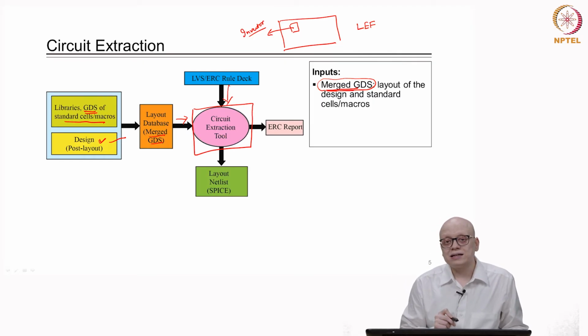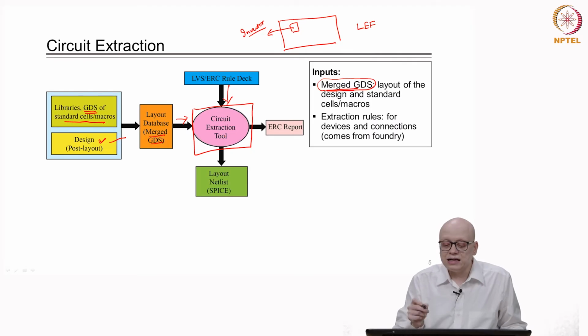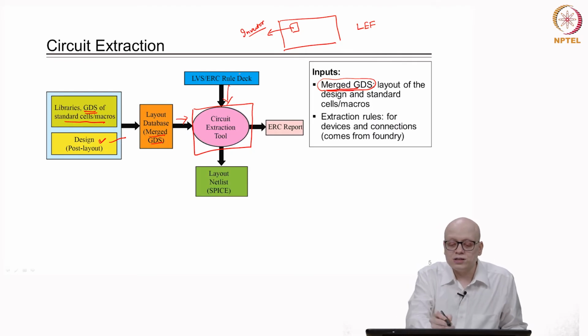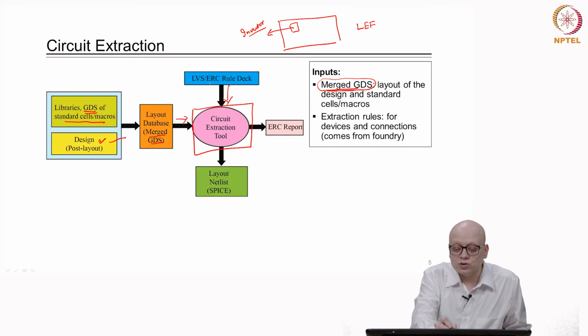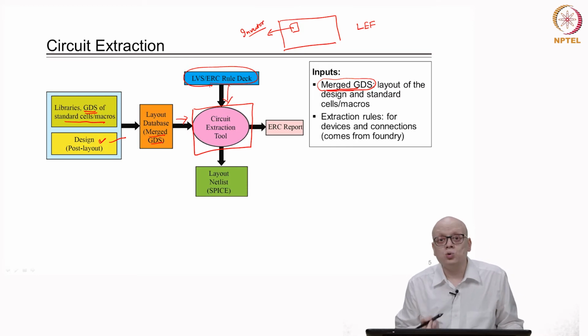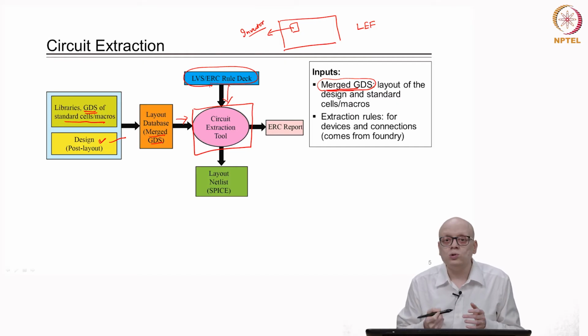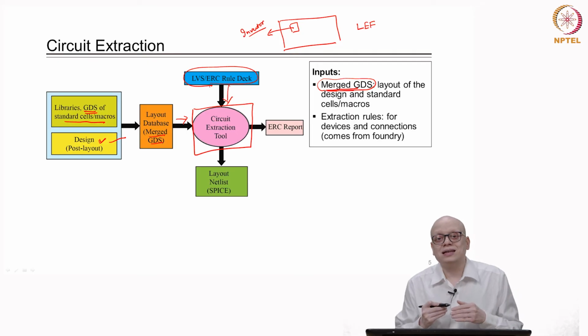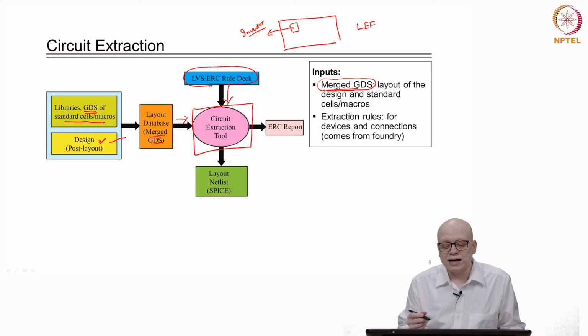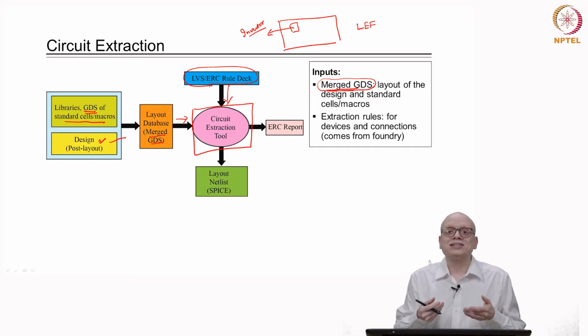Now, what the circuit extraction tool will do is take the information of the extraction rules using, say, the LVS or ERC rule deck, right. So, what is a rule deck? A rule deck is basically a set of instructions coded in some format, so that the circuit extraction tool can comprehend how to extract various kinds of devices from the layout.